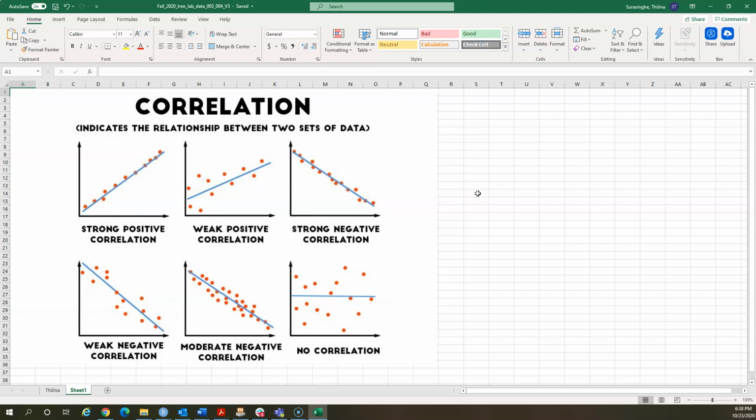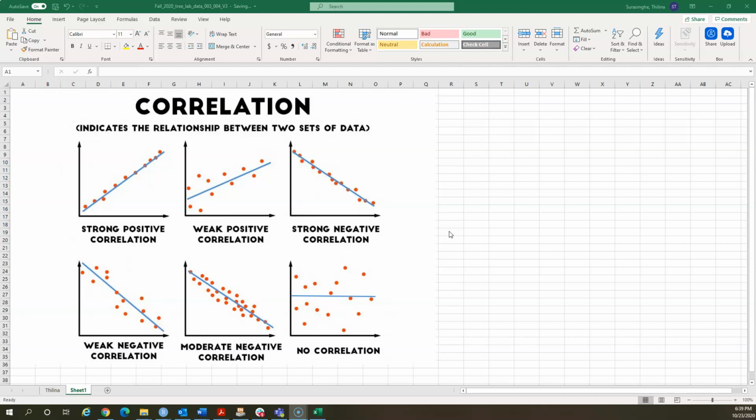The correlation coefficient is a mathematical number. It's a particular value that has a minimum and a maximum. What are those values that a correlation coefficient can take?